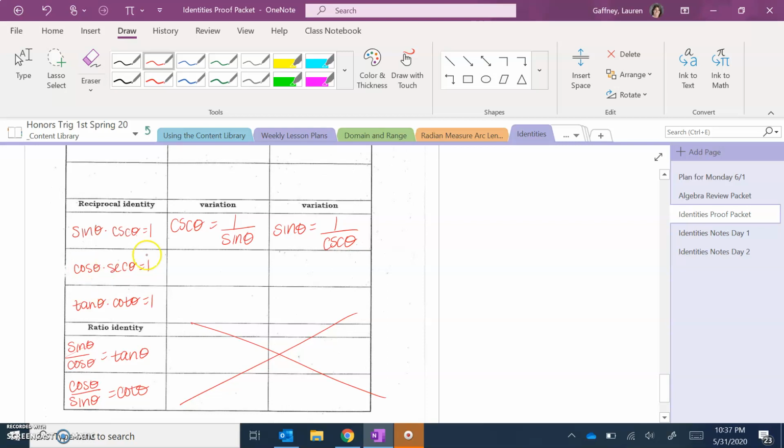Same thing here. I could divide cosine over, and I would get that secant theta is equal to 1 over cosine. I could also divide the secant over, and I can see that cosine theta is equal to 1 over secant theta. Same thing here. I could get cotan is equal to 1 over tan, and tan is equal to 1 over cotan. Okay, so there's a bunch of variations.